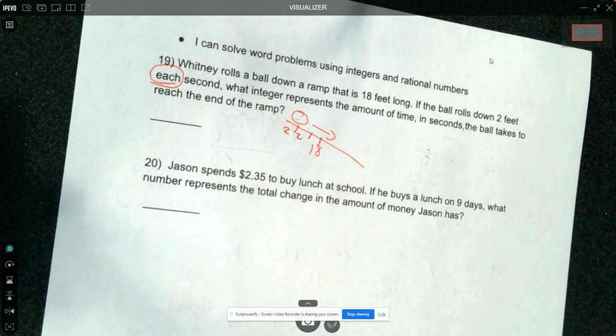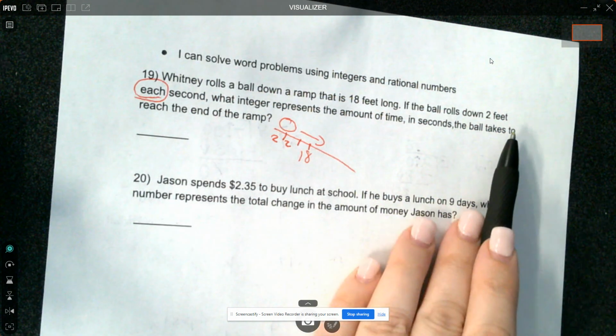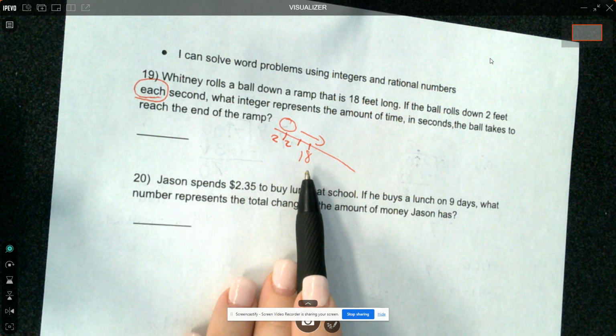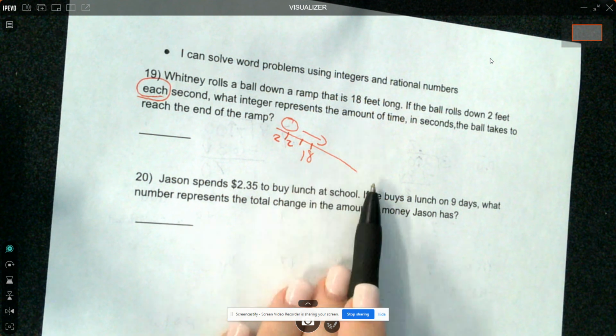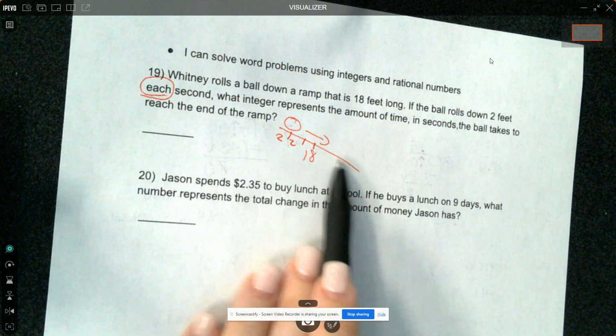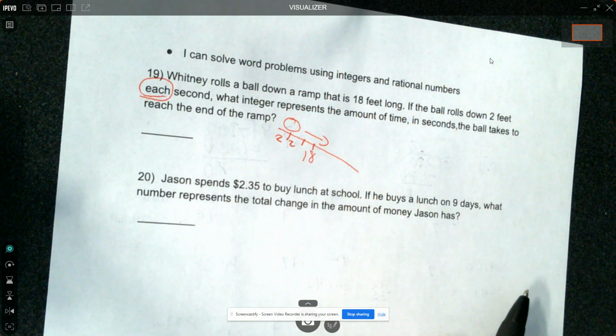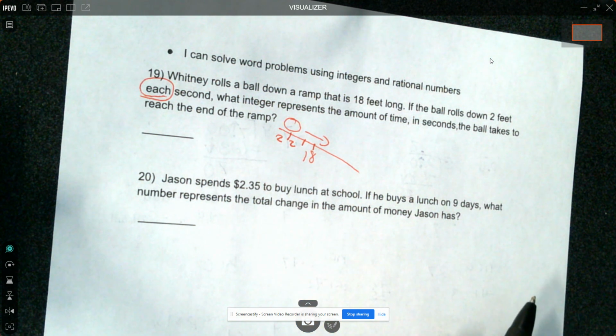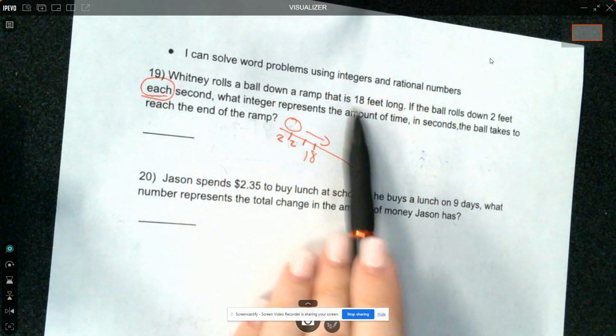Owen? It would be 36 seconds. Are you sure? Because if it goes 2 feet a second and it's only going 18 feet, does it make sense that if it went 36 seconds, that would be like 60 or 70 some feet? So what you did, you multiplied.